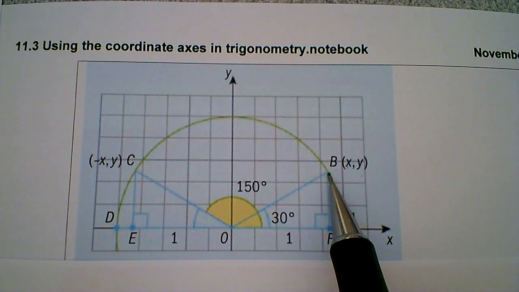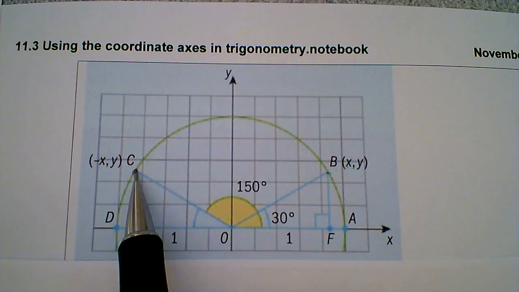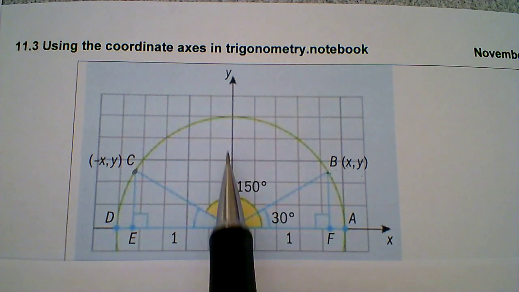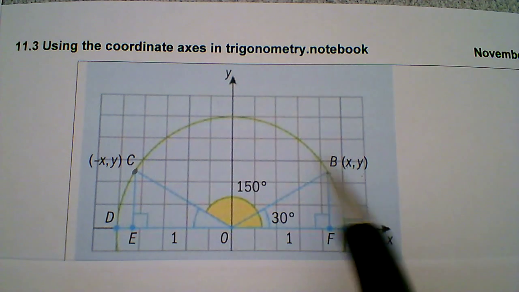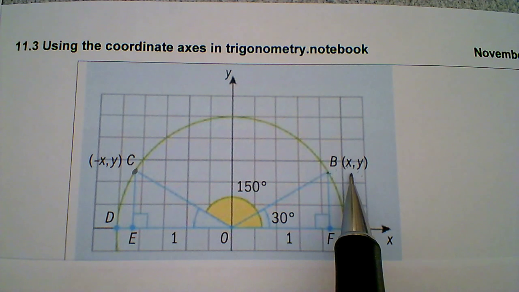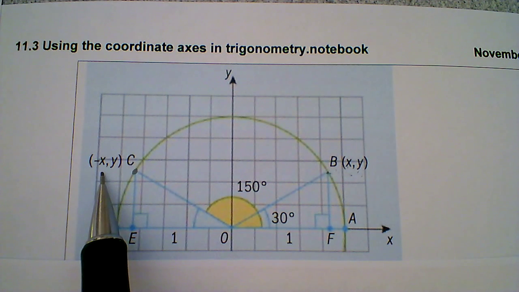So if we look at the relationship of B in the first quadrant and C in the second quadrant, we notice that they are a reflection of each other over the x-axis, which means that their y values have remained the same, but the x value has gone from being positive to being negative.